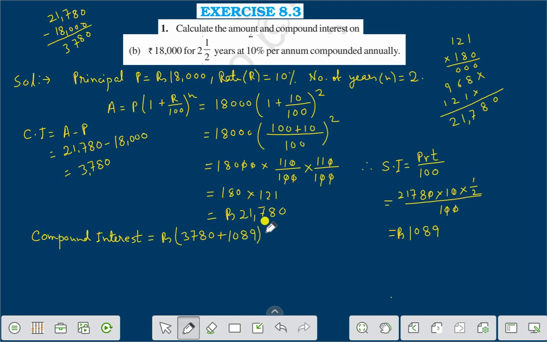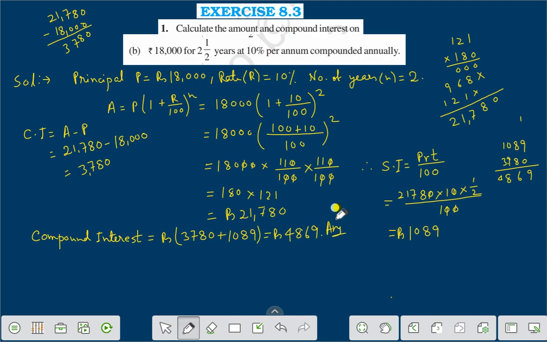We add this: 0 plus 9 is 9. 8 plus 8, 16, carry 1, it is 6. 7 plus 1 is 8. 3 plus 1 is 4. So 4, 8, 6, 9. So we are getting rupees 4,869. This is the compound interest.